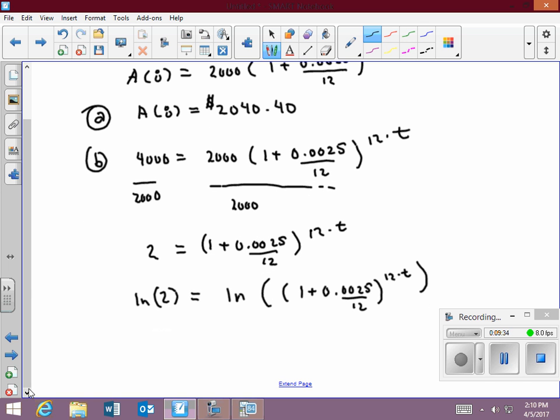Now what? 12t comes out in front, right? So this is ln of 2 equals 12t times ln of 1 plus 0.0025 over 12.